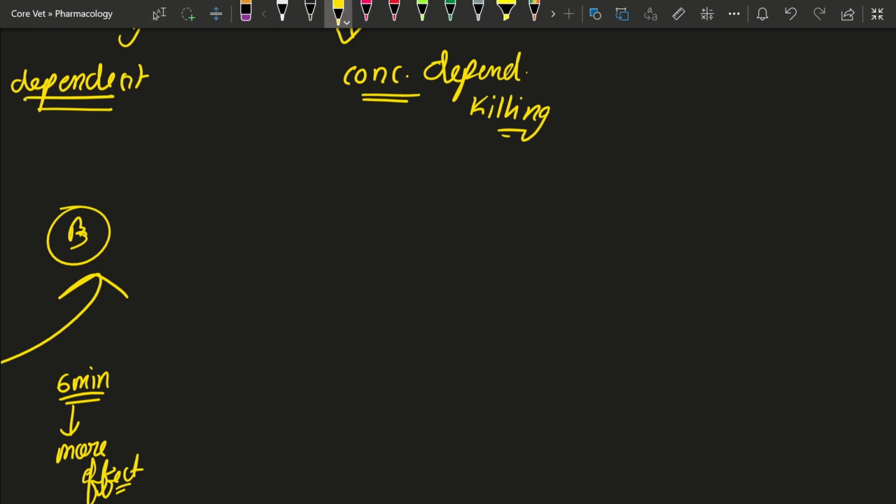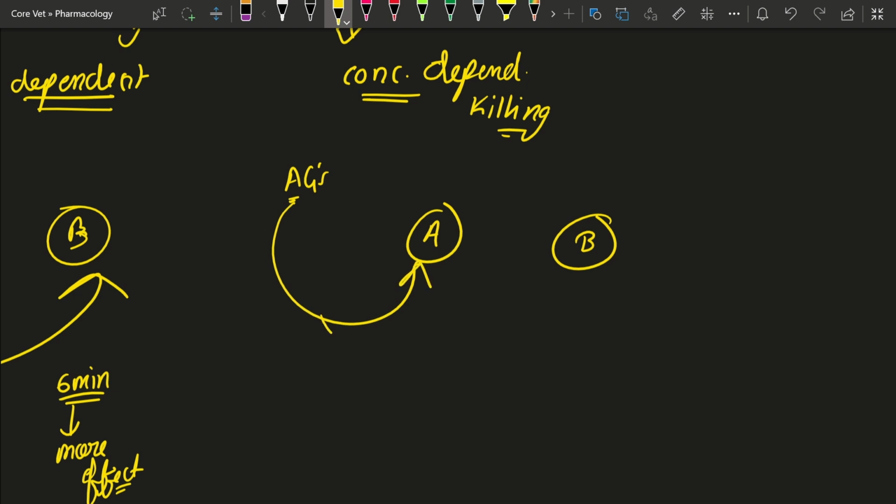Now what does concentration dependent mean? Again, take an example of two bacteria, A and B, and the antibiotic we use is an aminoglycoside.